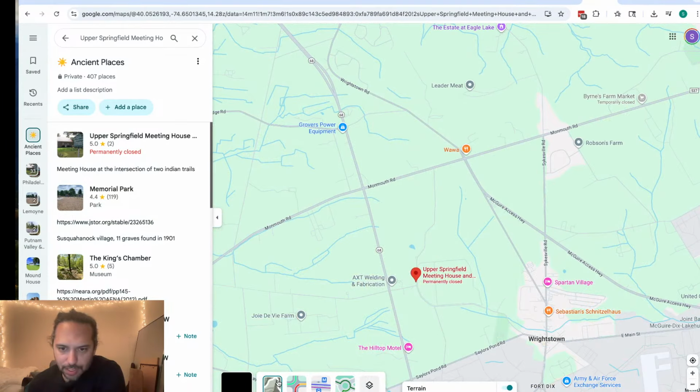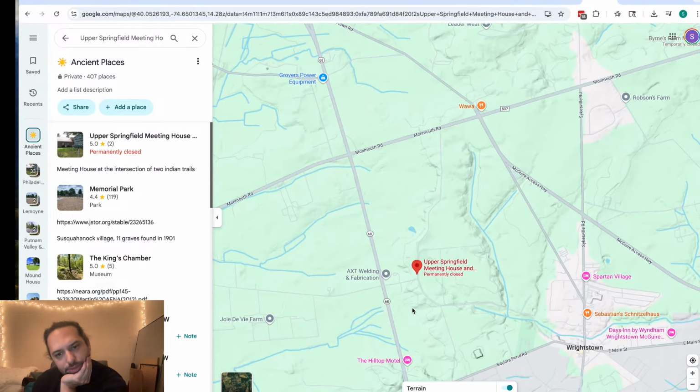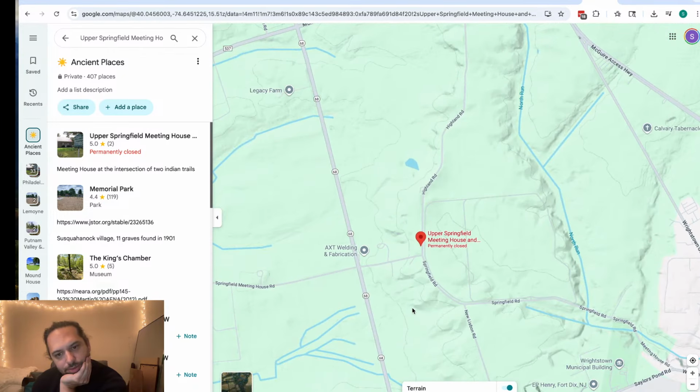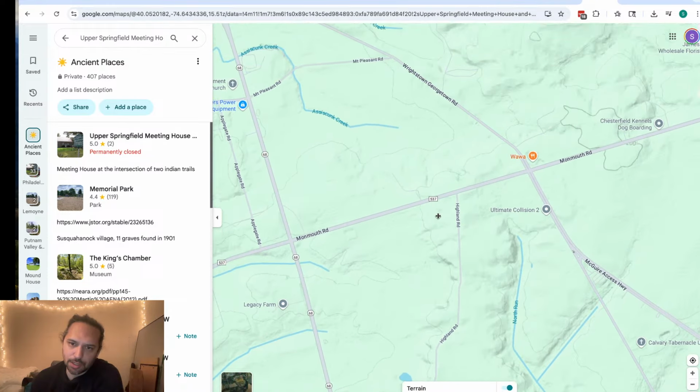I wanted the terrain. Can we do terrain? Oh, there you go. Look at that. Okay, so it looks like if Highland Road was the trail going to the north, it sort of hugged this ridge, didn't it?